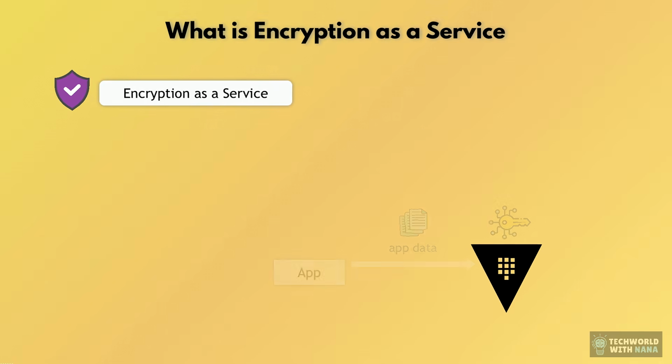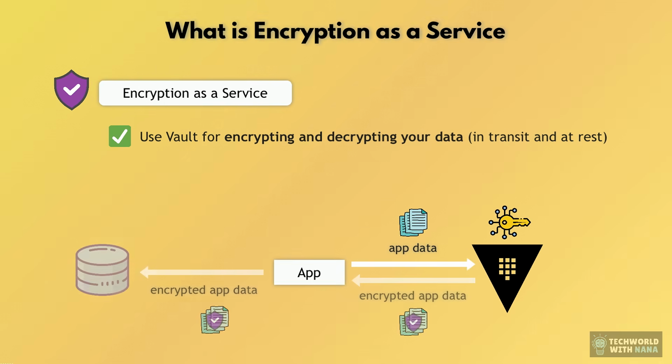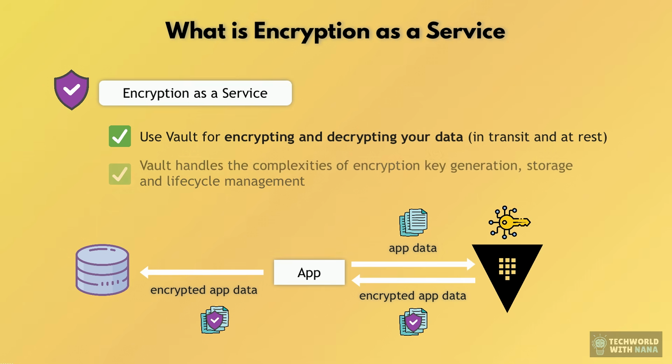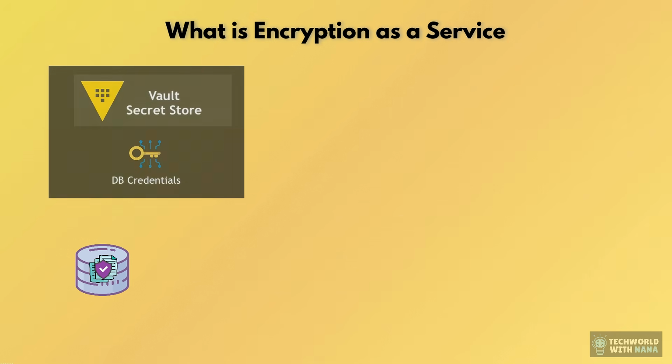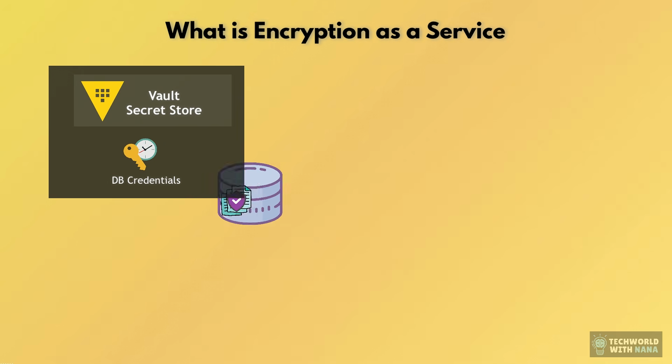We can encrypt data in a database using Vault, where Vault will handle the entire lifecycle of the encryption keys and encrypt the data securely. So now we have database credentials stored in Vault, encrypted, or maybe issued as dynamic short-lived credentials.